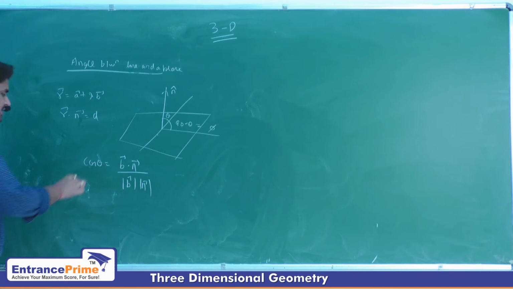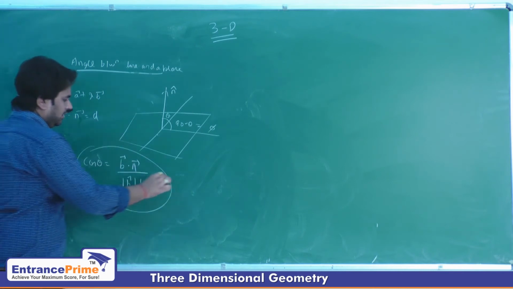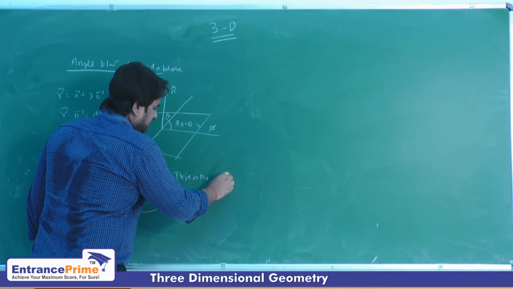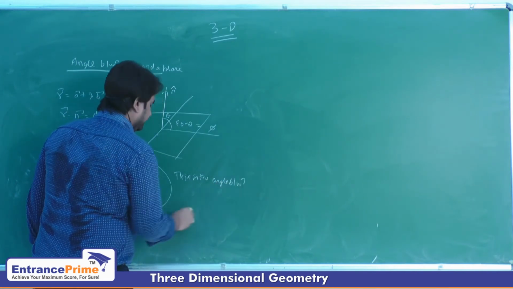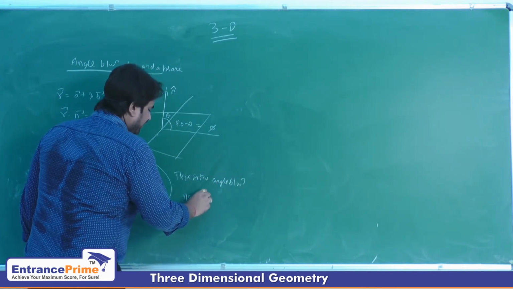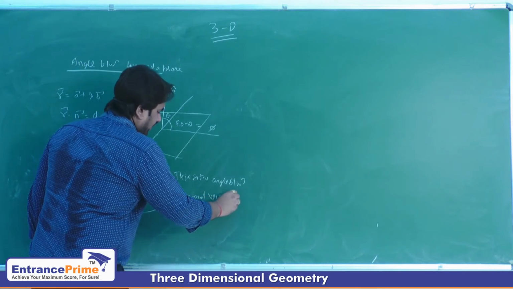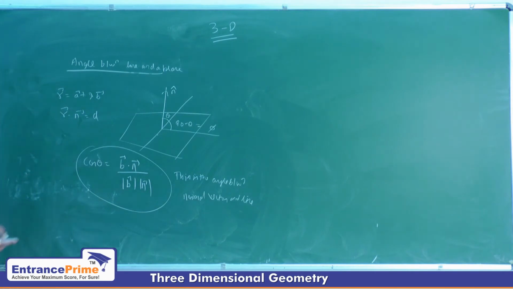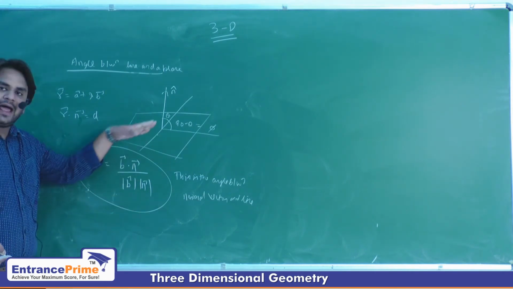So this is the answer. This is the angle between normal vector and line. But you have to calculate what?